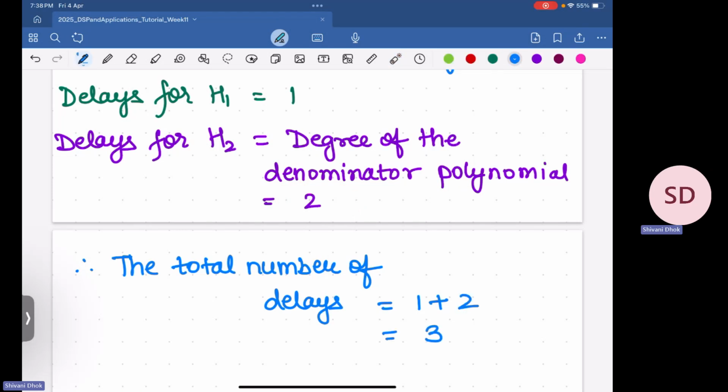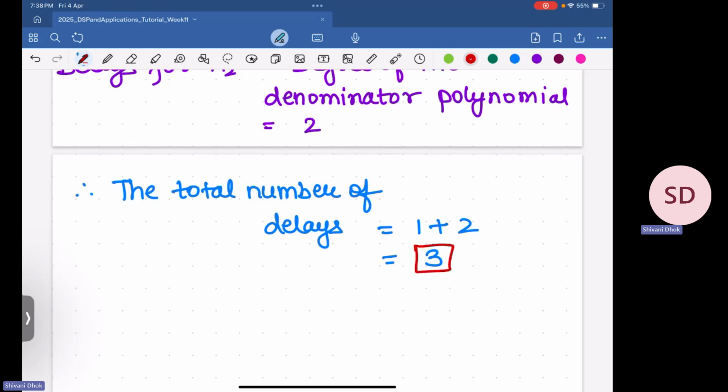So this comes out to be equal to 3. Is it clear? Any questions?